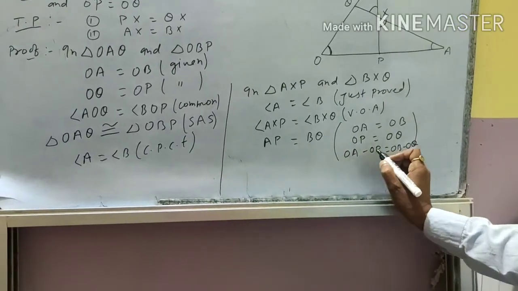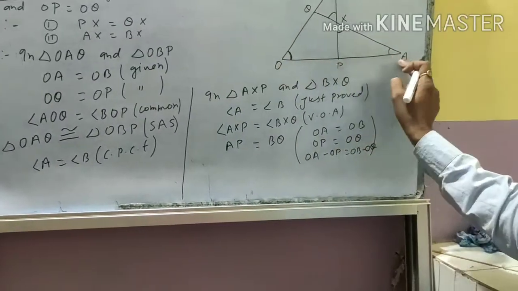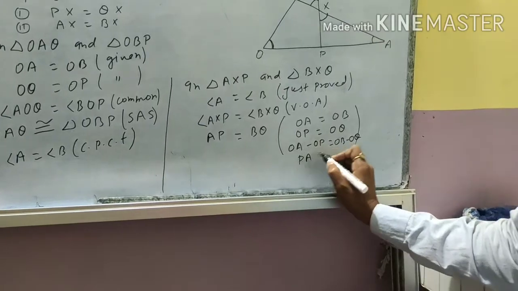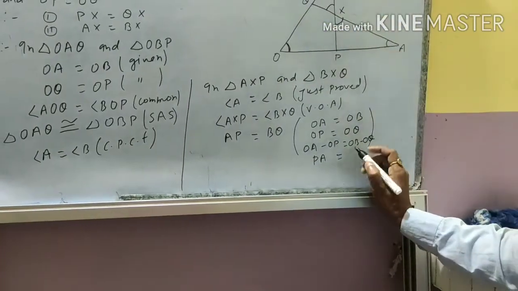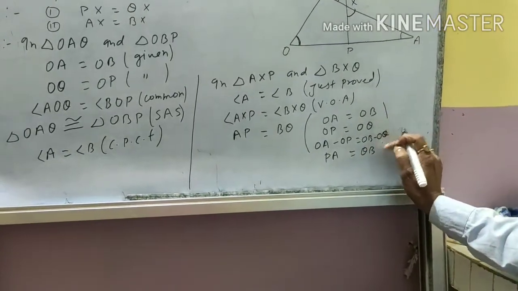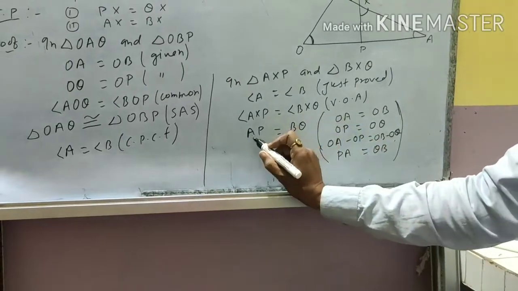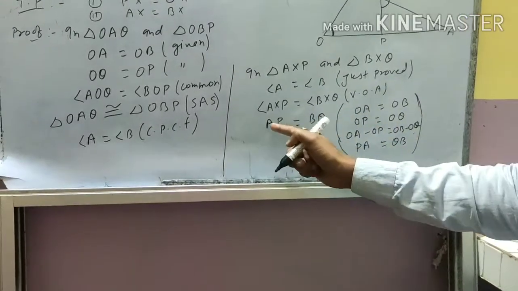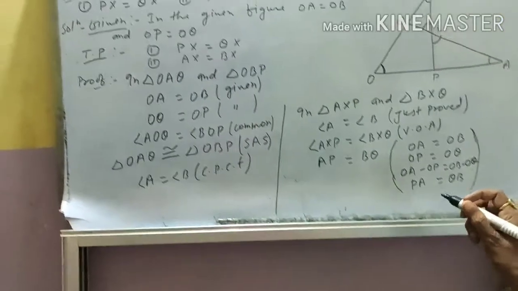OA minus OP is equal to PA or AP, and that is equal to OB minus OQ, which is QB or BQ. So this is the reason behind AP being equal to BQ.